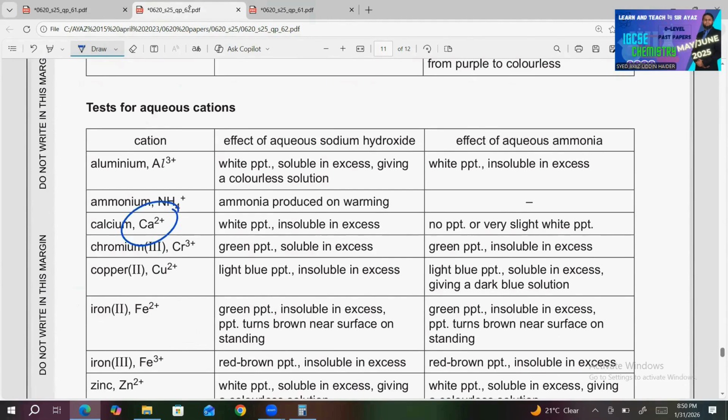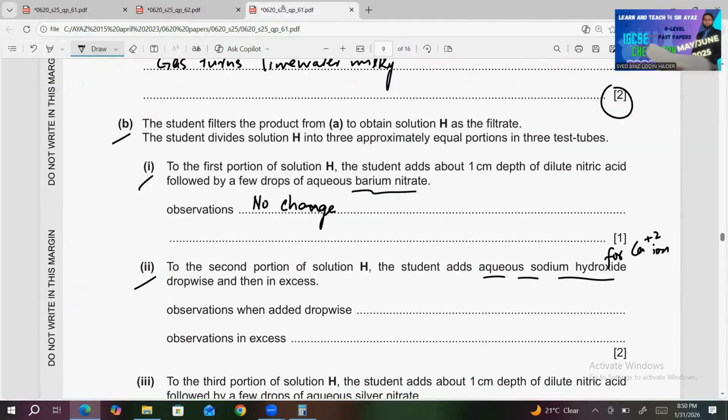Here's calcium. So with aqueous sodium hydroxide, we have a white precipitate, which is insoluble in excess. So first you write white precipitate. Then in excess, what's happening? Insoluble. In excess, it's insoluble.